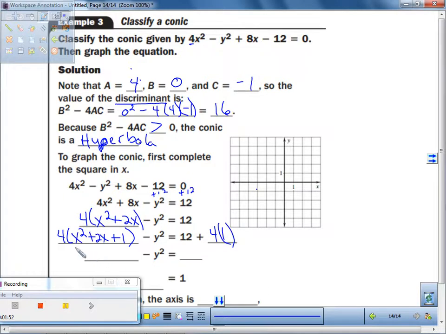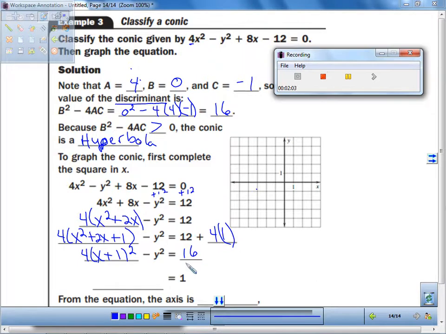So this is going to be plus 4 times 1. Now once we do that, we have 4 times x plus 1 squared minus y squared is all equal to 16. Now this is a hyperbola, so we want to get it to equal 1, so we divide everything by 16.